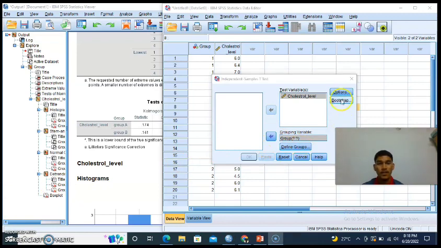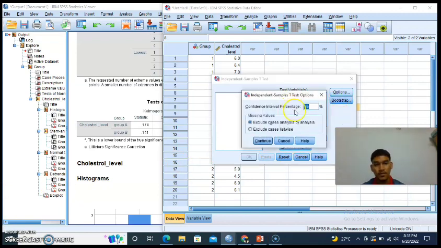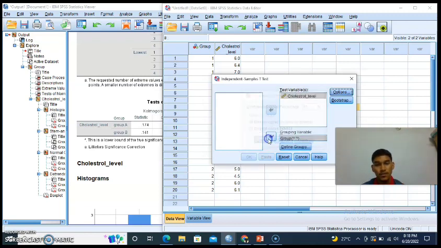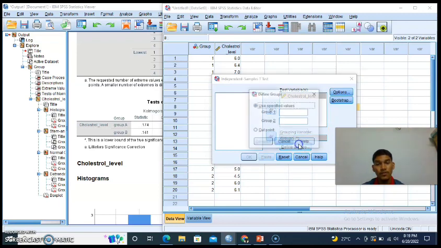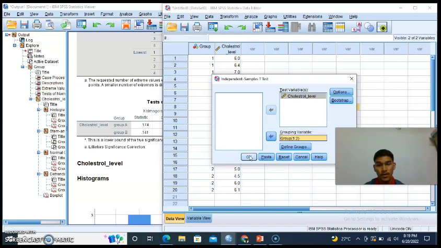Then define groups. Don't forget to define groups. For group 1, you put number 1, and for group 2, put number 2. Then continue and press OK.